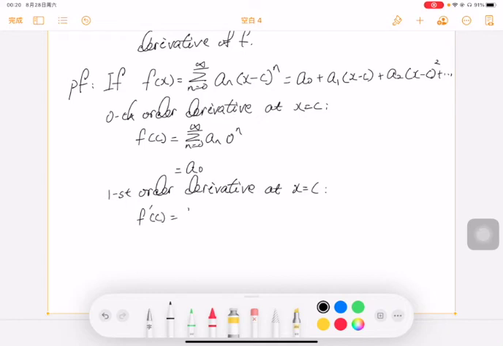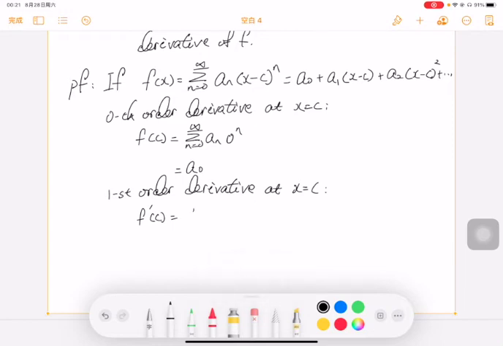Well, this equals the derivative with respect to x of this entire thing, evaluated at x equals c.